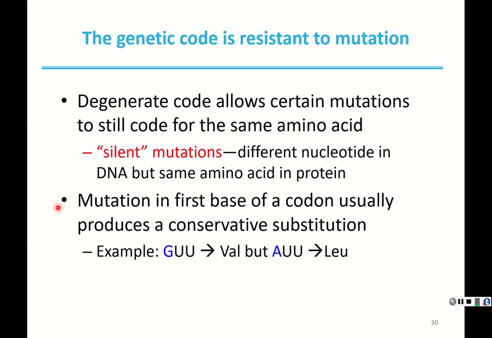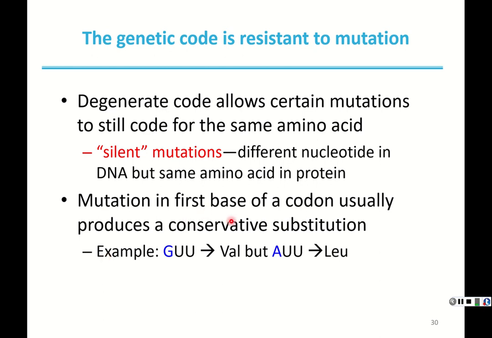But the genetic code is resistant to mutation. These degenerate codes allow certain mutations to happen but still code for the same amino acid. These are termed silent mutations, or also known as single nucleotide polymorphisms, where you get a different nucleotide in the DNA but still get the same amino acid in that protein.